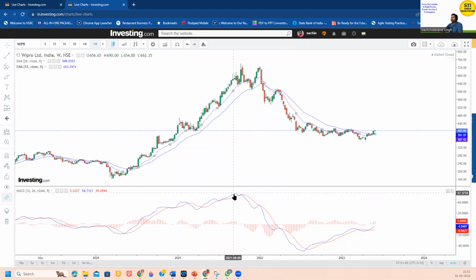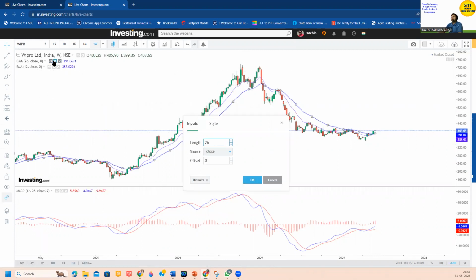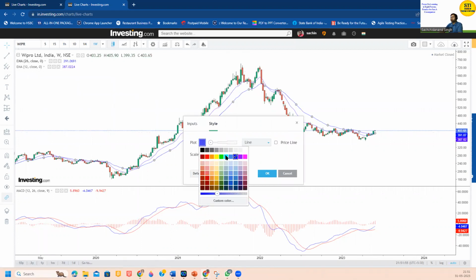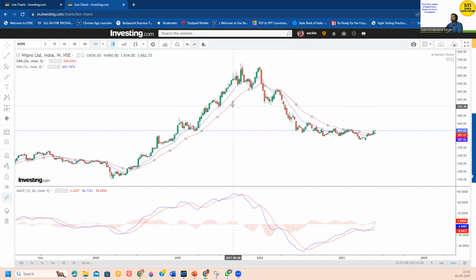That MACD value is derived at any point of time. The MACD line, that is the blue line, is calculated by subtracting. Let me also change the color for differentiation purposes. The red one is the EMA value of 26, and the purple one is the EMA value of 12.